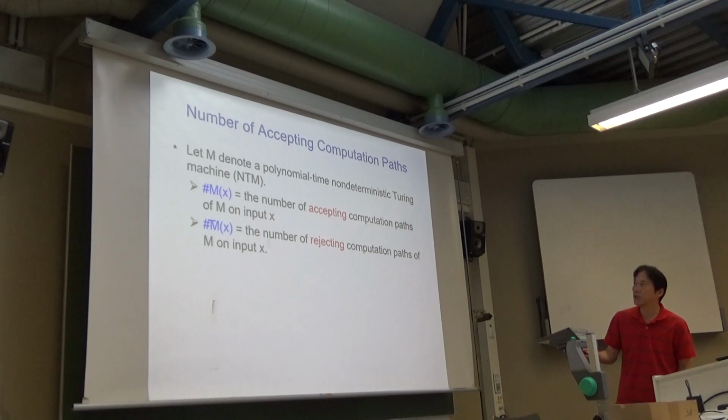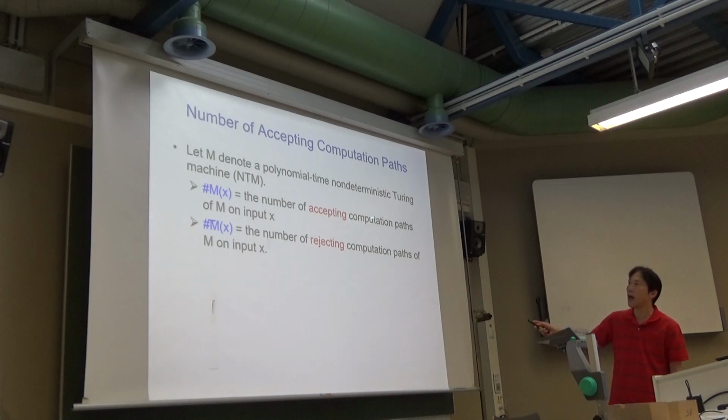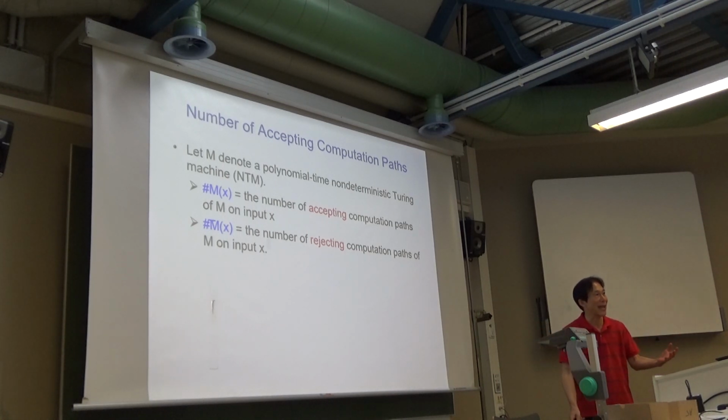Okay, so we'll introduce two notations. The first one is for a given machine, in this case a polynomial-time non-deterministic Turing machine, NTM. #M(x) refers to the number of accepting computation paths of this machine on input x.